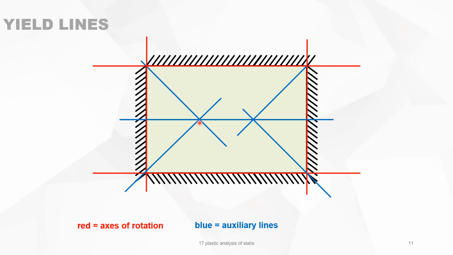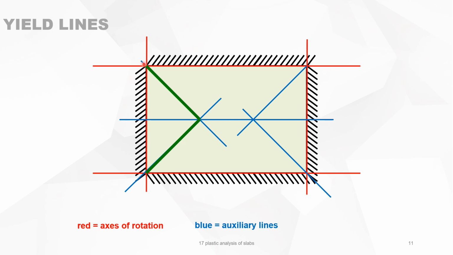Then, when 2 auxiliary lines come together, you draw between them another auxiliary line, or you can say that the axes of rotation, which are horizontal, have an intersection at infinity. So in fact this blue line is the bisector of the 2 horizontal axes of rotation.